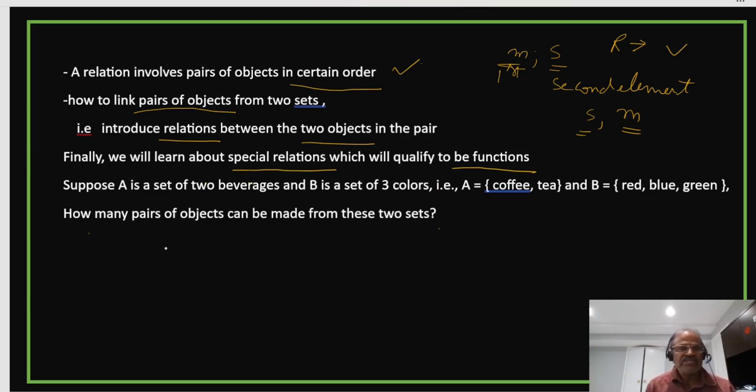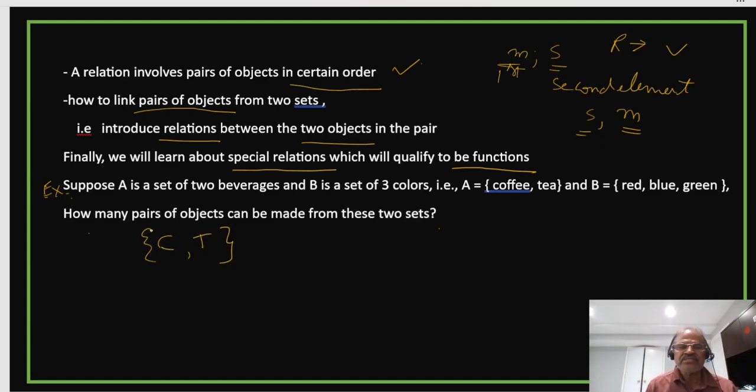But first we will discuss what a relation is. A relation requires two sets of objects. Suppose I am giving an example: two beverages, coffee and tea.